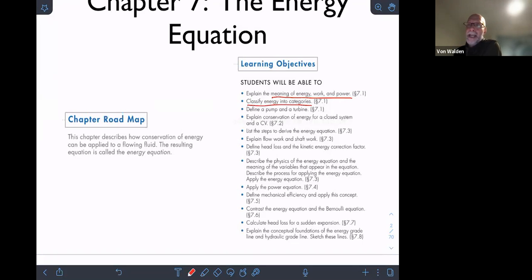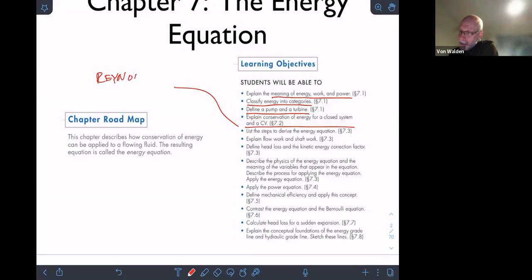We're basically dealing with mechanical energy here, either kinetic or potential energy against gravitational energy, but there are other forms. We're going to define what a pump and a turbine are, and then just really briefly explain conservation of energy for a closed system and a control volume, and what this is really going to lead us to. This should kind of be familiar.